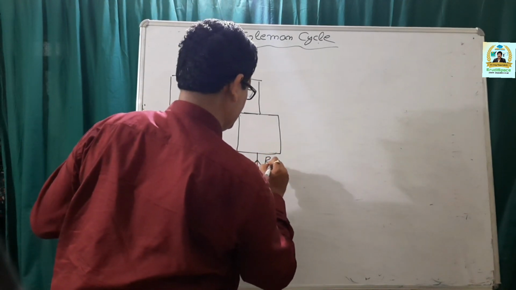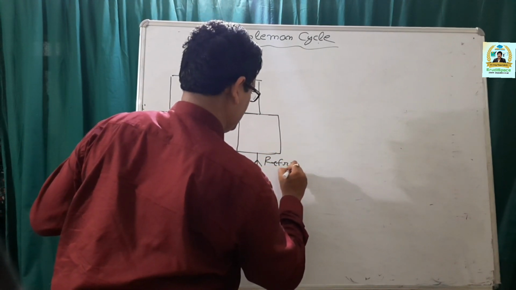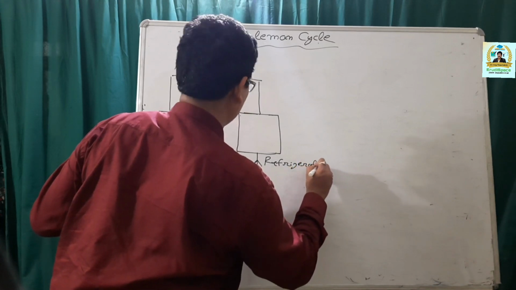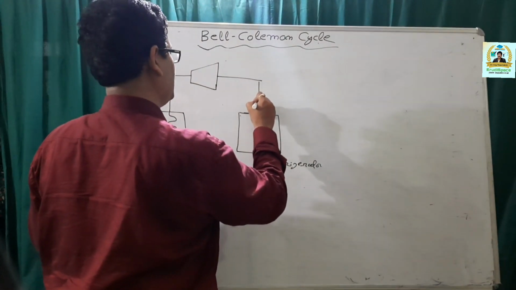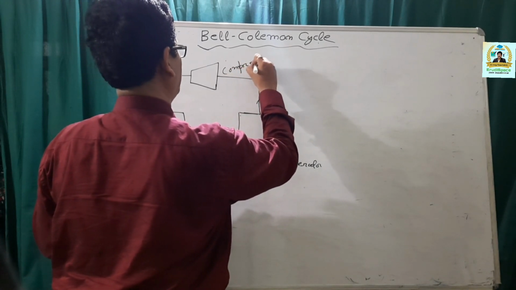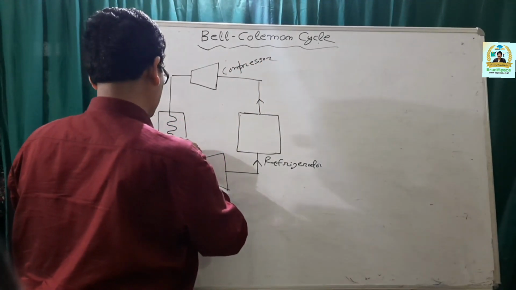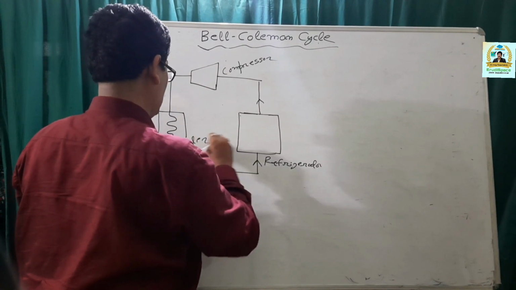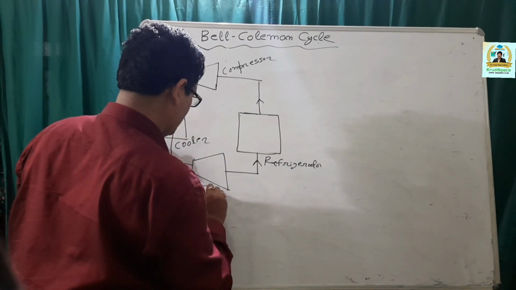So this is the refrigerator, this one is your compressor, this one is your cooler, and this one is your expander.